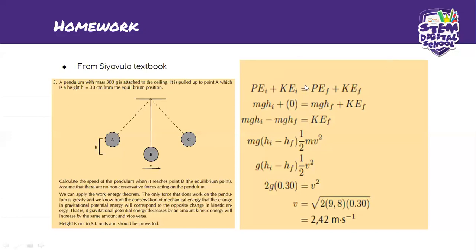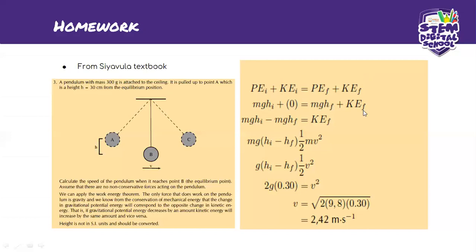So what they've done here, they've just swapped and changed them to put the initial ones together and the final ones together. Okay, so we know at the initial point kinetic energy is 0, so this one we've already dealt with. So now we've got mgh final and mgh initial and kinetic energy.